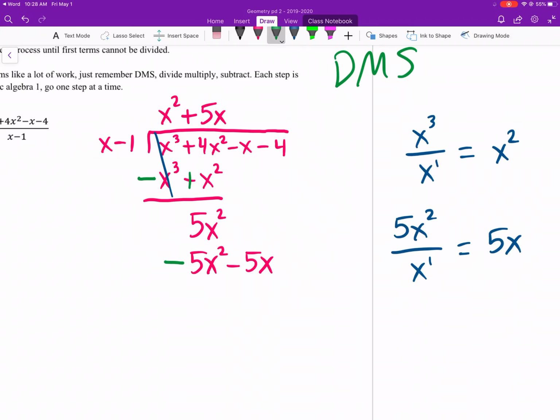So that became negative, this becomes positive, and in addition, we have to make sure we bring down a term here, you see plus 5x, there has to be something for that, so that negative x, all right, from up top comes down. First terms always cancel. So what we ended up with is negative x plus 5x, which is 4x.